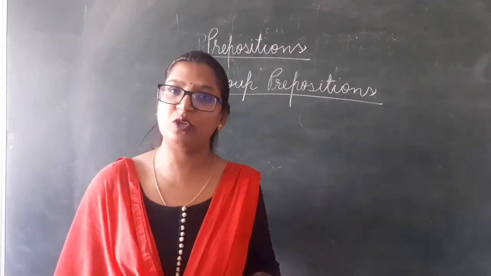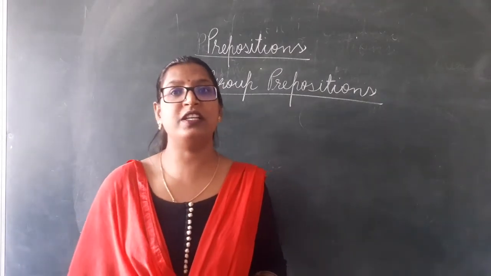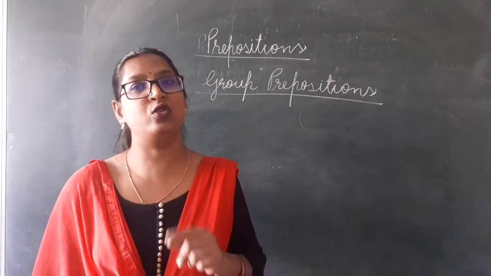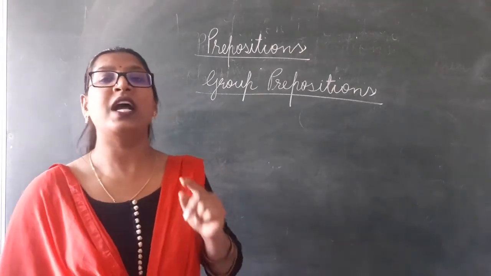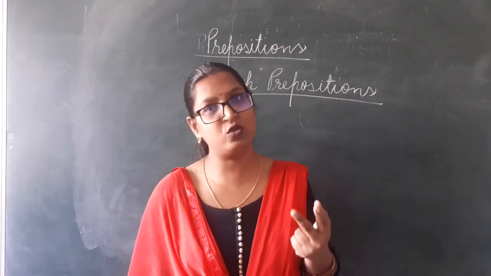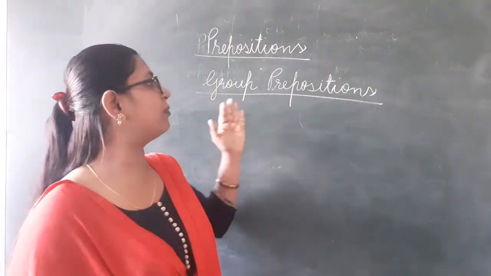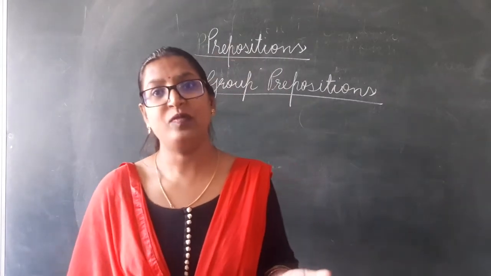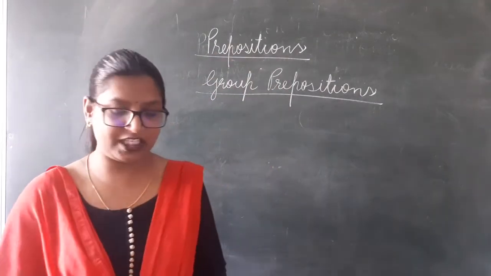Already we have studied the simple prepositions. The prepositions which are made up of one word are known as simple prepositions, and the prepositions which are made up of two words or more than two words are called group prepositions, or complex prepositions.